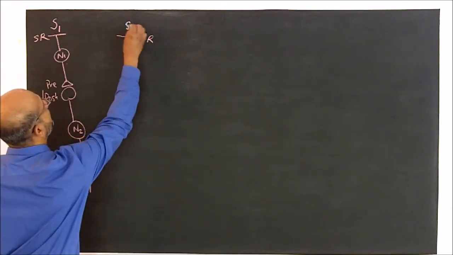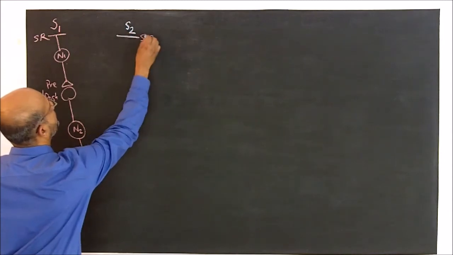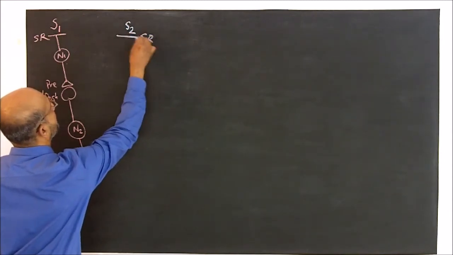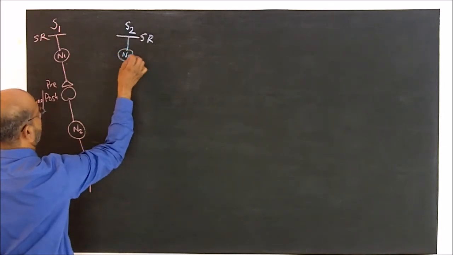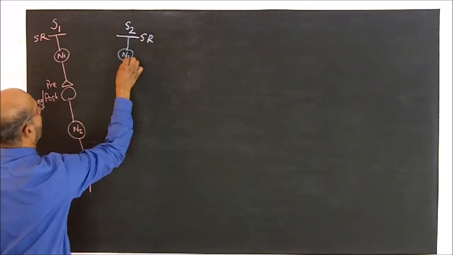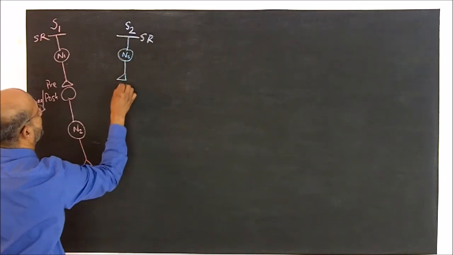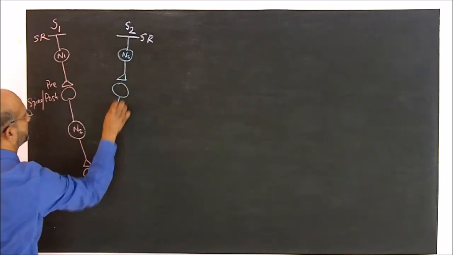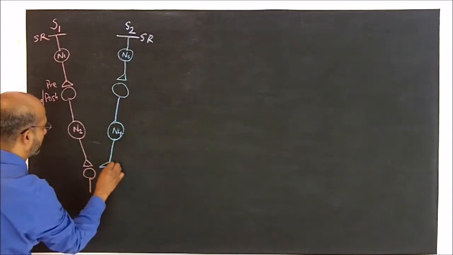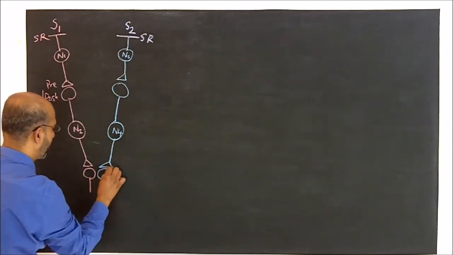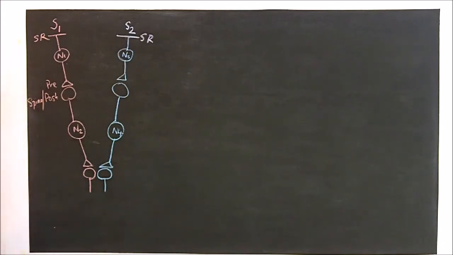So let's draw it with a different color here. S2 sensory receptor reaching its neuron, let us call it N3, presynaptic terminal, postsynaptic terminal, N4 presynaptic terminal, and its postsynaptic terminal.